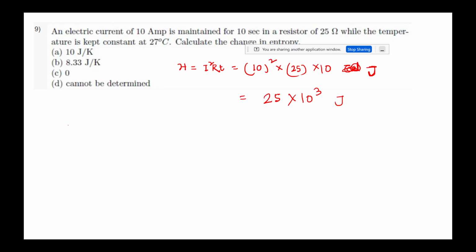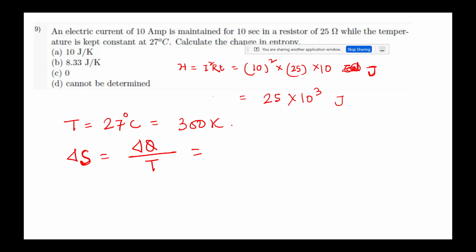Now temperature T is 27 degrees centigrade, that means 300 Kelvin, right? Now change in entropy delta S is delta Q by T. What is delta Q?